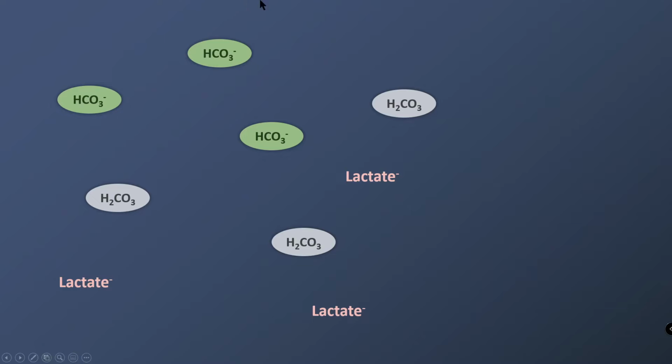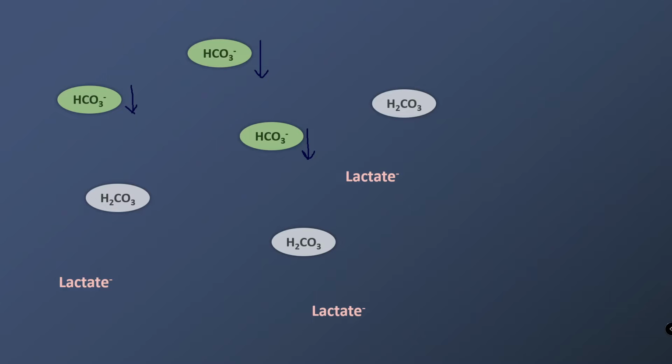So now what you see here is that bicarbonate ion is continuously decreasing. As more and more lactic acid is being produced, bicarbonate is continuously decreasing. Bicarbonate is being converted into H2CO3, which is a neutral substance. Bicarbonate is a negatively charged substance, an anion.